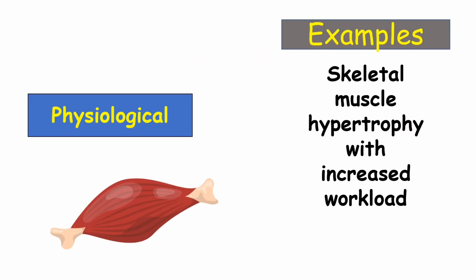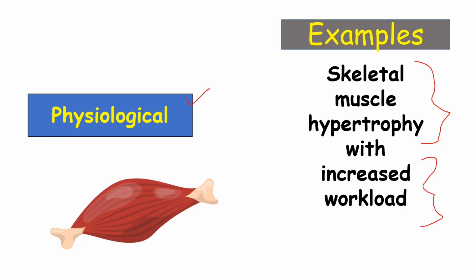So the examples of hypertrophy can be divided into physiological hypertrophy and pathological hypertrophy. An example of physiologic hypertrophy is skeletal muscle hypertrophy. Now, when does skeletal muscle hypertrophy occur? As you know, the bodybuilders who go to the gym regularly have increased workload.